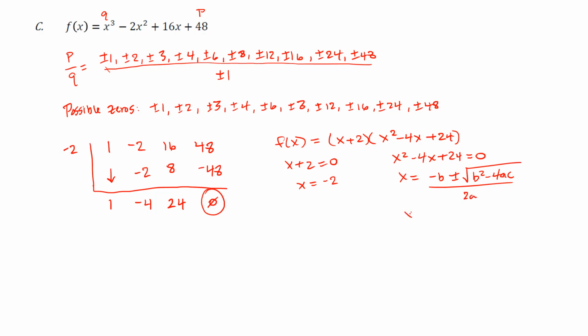To find our zeros, we have -(-4) plus or minus the square root of (-4) squared minus 4 times 1 times 24, all over 2 times 1. So x equals 4 plus or minus the square root of -80 over 2.